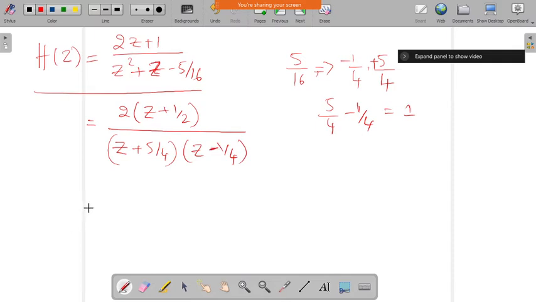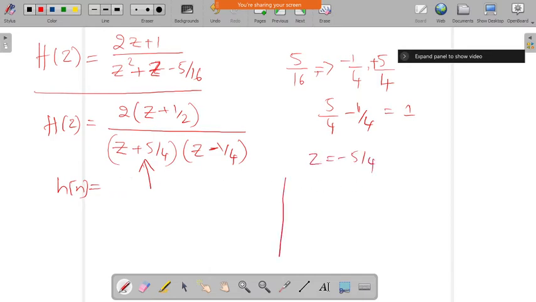Now we need to see whether the system is causal or stable. Both we have to find out. If you find the inverse z transform for this, we can find h of n, whether it is a positive sided sequence or not. By looking at this pole, we can say z is equal to minus 5 by 4.